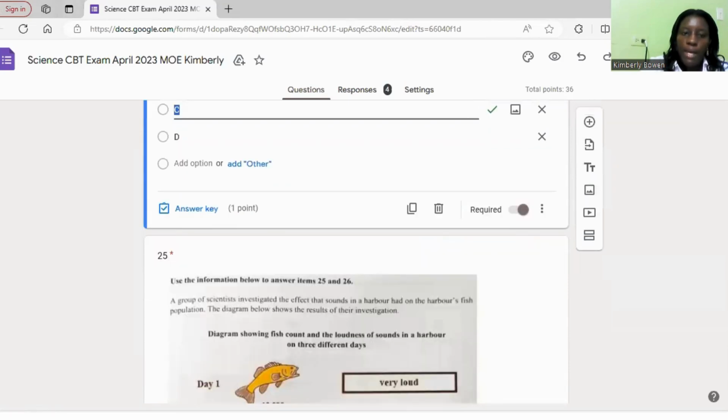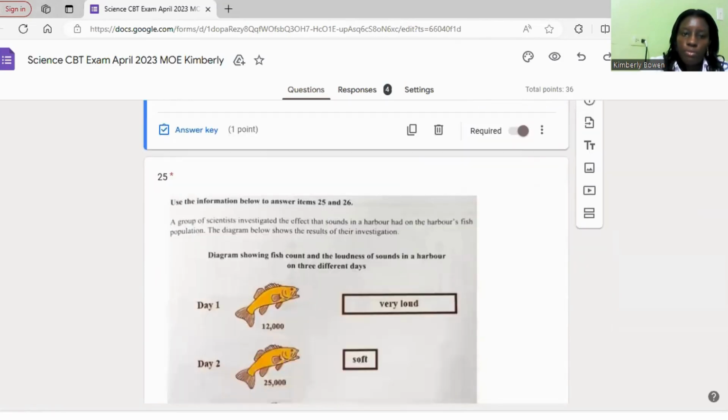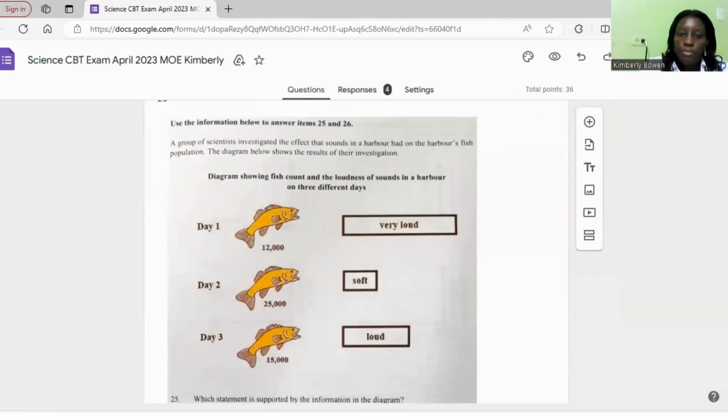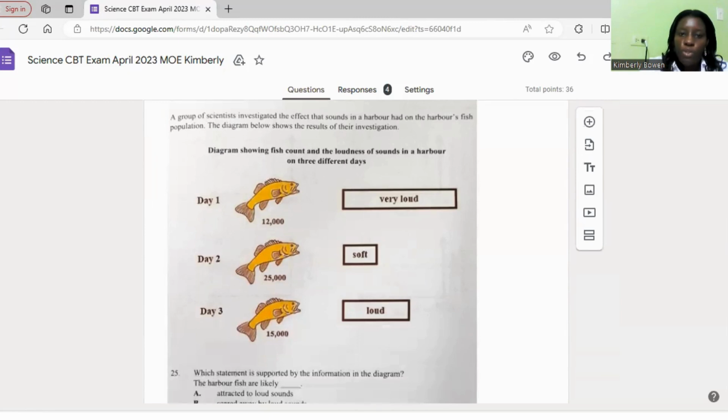Let's look at number 25. Use the information below to answer items 25 and 26. The group of scientists investigated the effects that sounds in a harbor had on the harbor's fish population. The diagram below shows the results of their investigation. Diagram showing fish count and the loudness of sounds in the harbor on 3 different days.